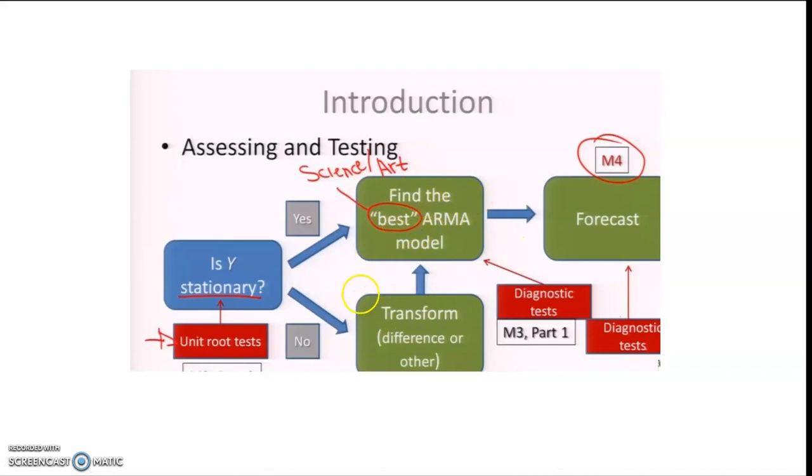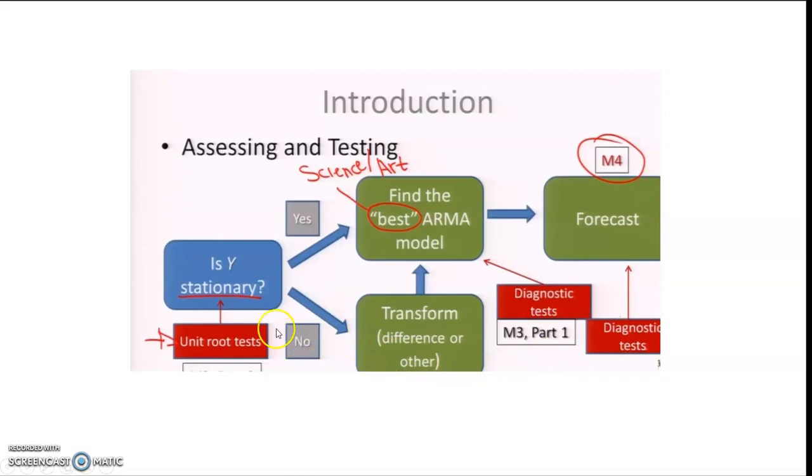And under diagnostic tests, we are checking normality of the residuals, serial autocorrelation of the residual term, and heteroscedasticity. And after that, we may use that model for forecasting, and we also use diagnostic tests for the model that we use for forecasting. And after forecasting is made, we use these diagnostic tests.